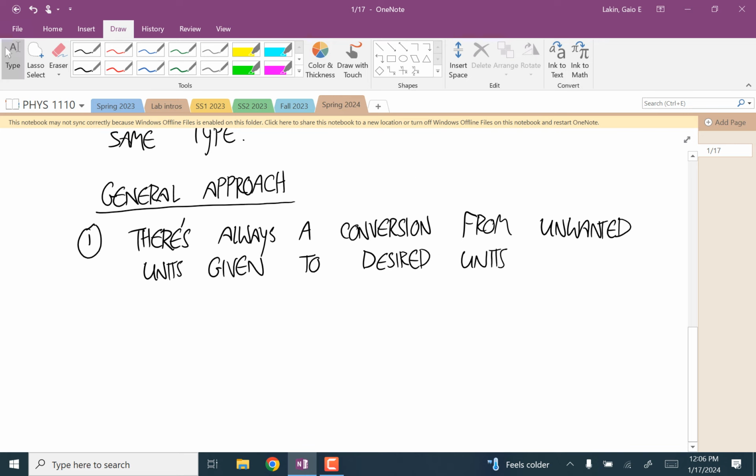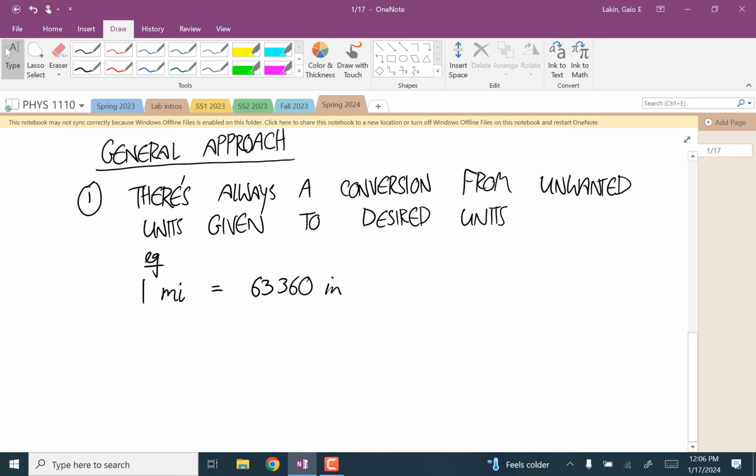So for example, you can think of 1 mile is equal to 63,360 inches as a conversion, okay?